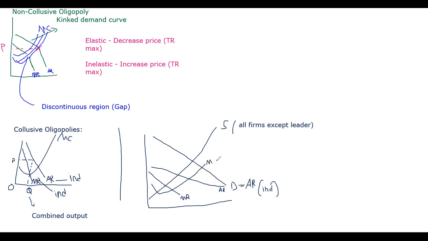Now understand, the leader doesn't really give two hoots about the supply curve, because he has to equate MC to MR, get the quantity like a monopolist, and then get the price from the demand curve. Okay. All right, so this is the quantity that's going to be produced by the particular leader.